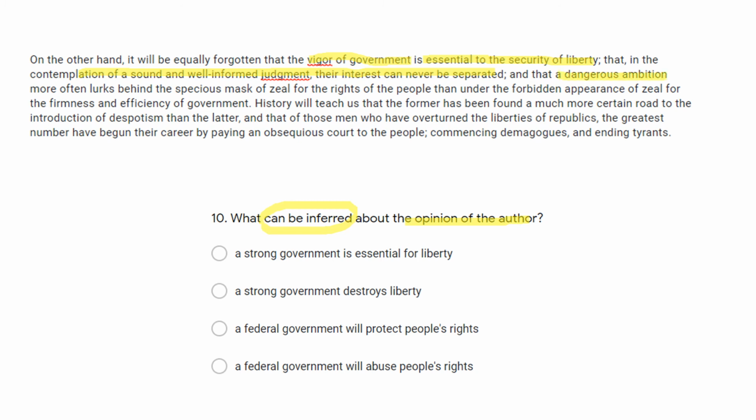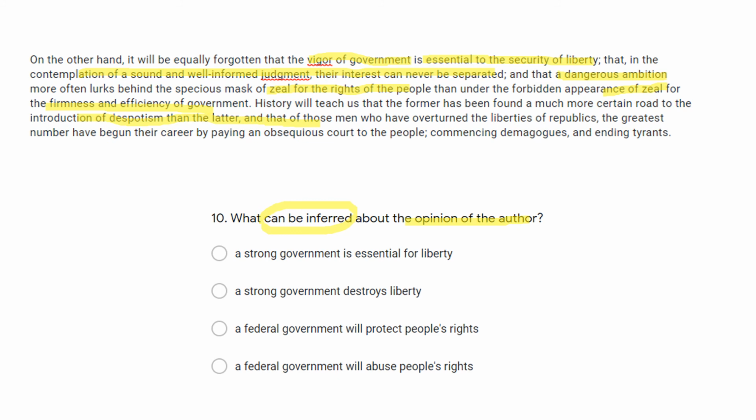A dangerous ambition more often lurks behind the suspicious mask of zeal for the rights of the people. So those that say they care about the people are dangerous. Those that have a zeal, a passion for government, are more good for the people. History will teach us that the former, those that care about the rights of the people, lead to despotism more than the latter.